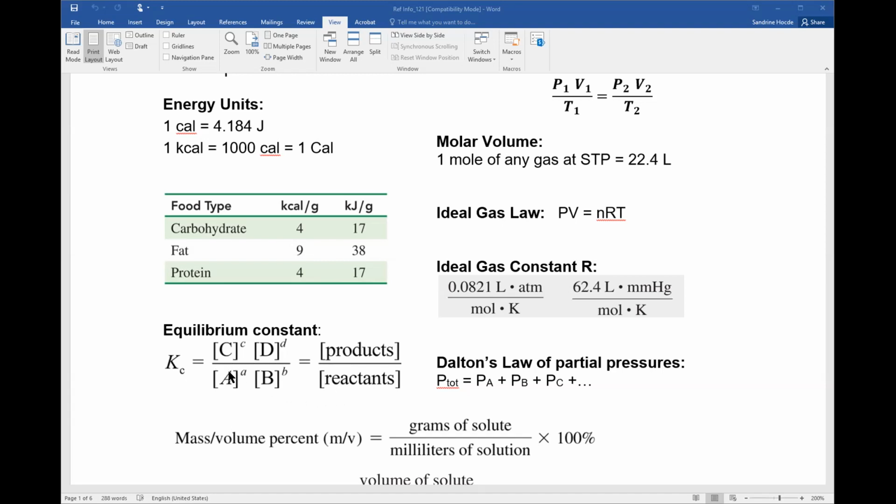And we will see in more detail how it becomes: concentration of C to the exponent c times concentration of D to the exponent d, divided by concentration of A to the exponent a, multiplied by concentration of B to the exponent b. We'll look at that when we are reviewing the equilibrium constant.